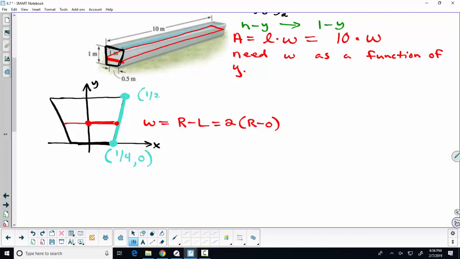So again, the length of this top is 1, but we've cut it in half, so that's a half. And the height of that tank is 1. So that height is 1. Whatever you do, however you deal with lines, the point slope formula, or y equals mx plus b, solve for b, it doesn't matter. We just need the equation of that line.